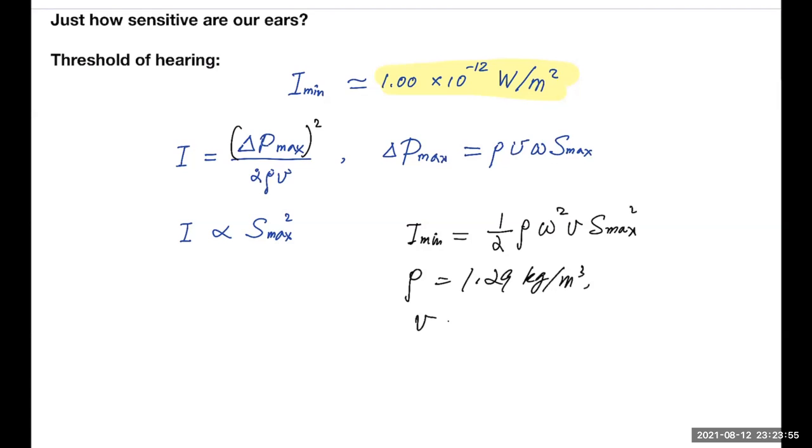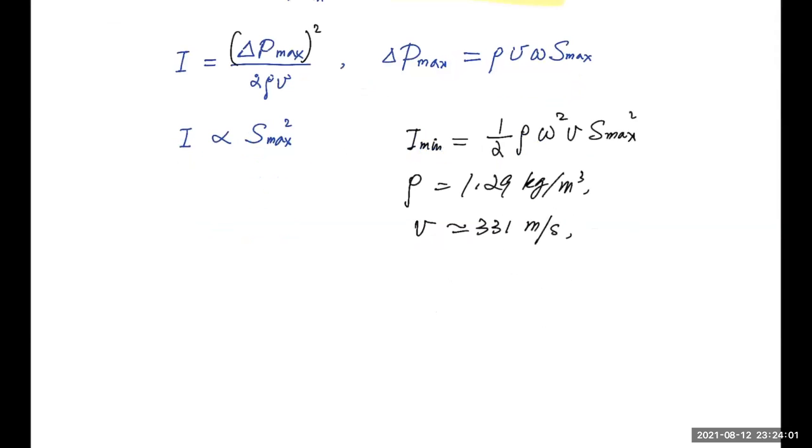The speed of sound is 331 meters per second. And omega is 2 pi f, and let's take f as 1000 hertz. Radians per second. So you get all these numbers, right?